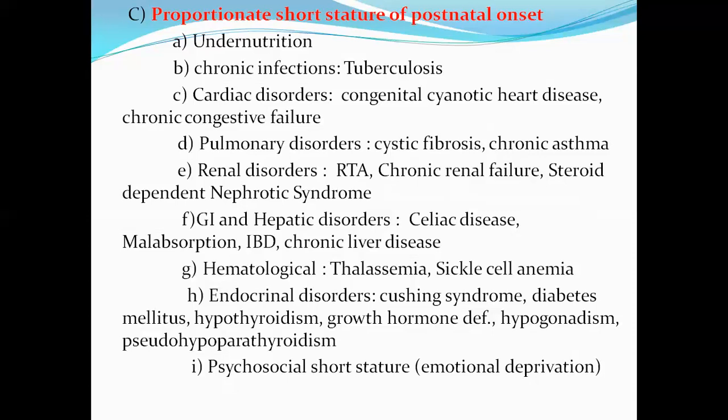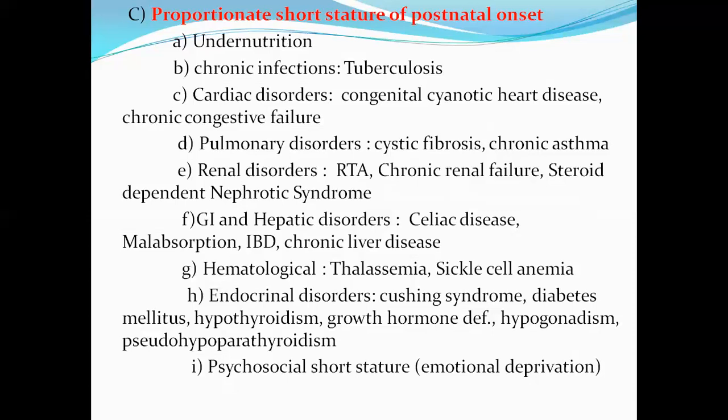If we see renal disorder: RTA, chronic renal failure, steroid-dependent nephrotic syndrome. Then if we go to GI system and hepatic disorder: celiac disease, this is very common in our part of the country, then malabsorption, irritable bowel disease, chronic liver disease. Hematologically, thalassemia and sickle cell anemia.